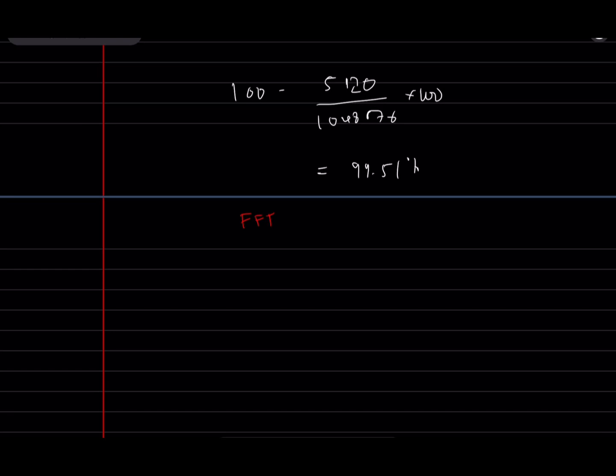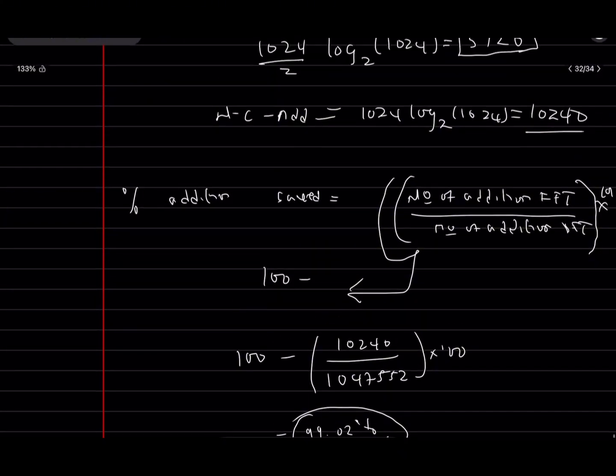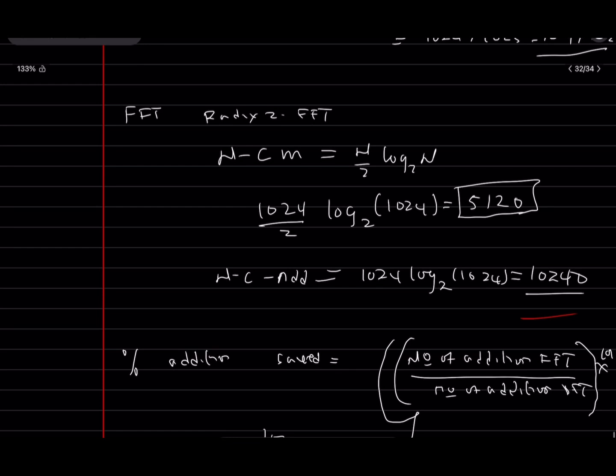And if it recursively applies this strategy and combines the results using the twiddle factor approach, the fast Fourier transform algorithm will be able to compute the discrete Fourier transform with significantly fewer operations compared to the direct computation, as this calculation has illustrated.